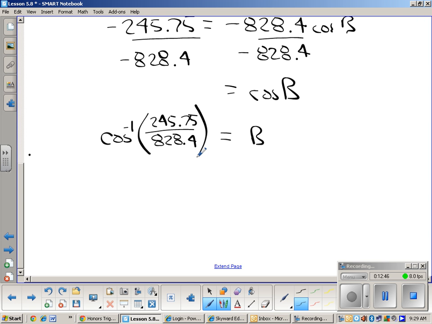I did it intentionally because I recognized two negatives made a positive, and no point in messing with the negatives anymore. But if by chance only one of them was negative, then you need to keep carrying your negative sign. So what is B? Now we're going to round. 73, approximately 73. You're rounding up.